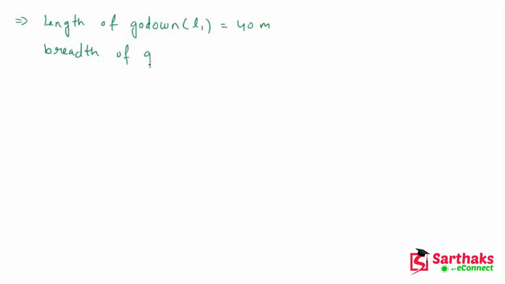So here, now we know the length of godown. Let's suppose this is L1, so this is equal to 40 meter. Okay, and we have the breadth of godown. Let's suppose this is B1 and this is equal to 25 meter, and here is the height of godown.